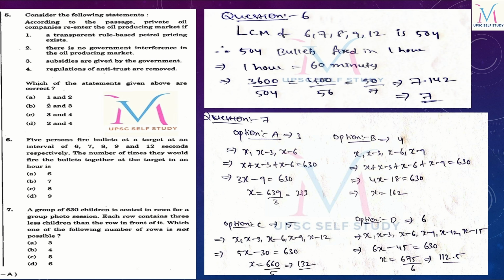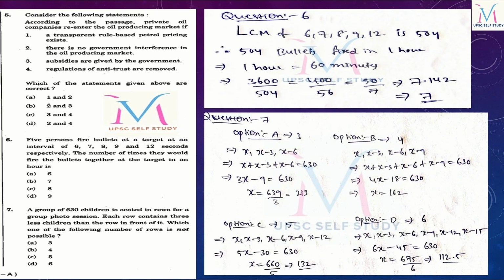So coming to the explanation part, first we have to find the LCM of 6, 7, 8, 9 and 12. The LCM is 504. I hope you know how to do the LCM; I have put the steps directly. So the LCM of 6, 7, 8, 9, 12 is 504.